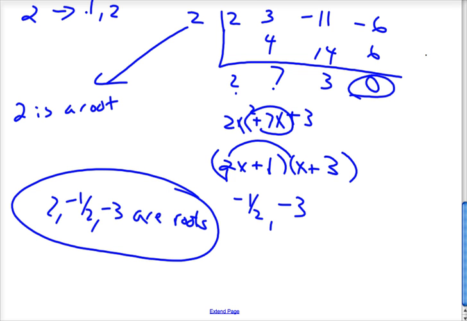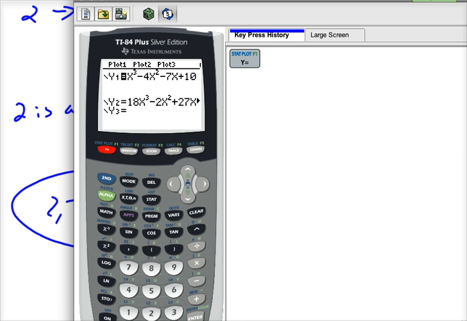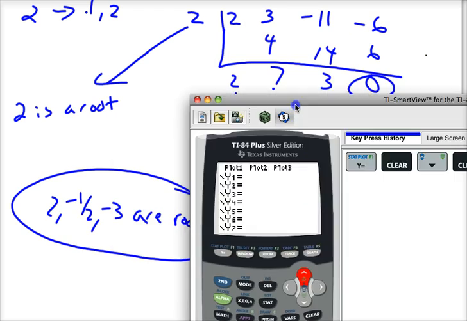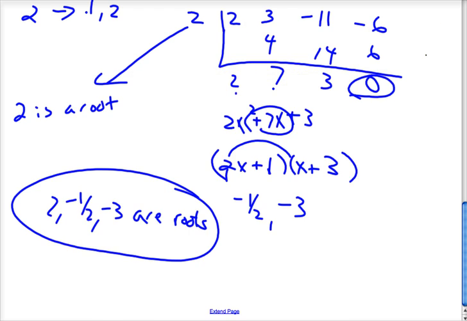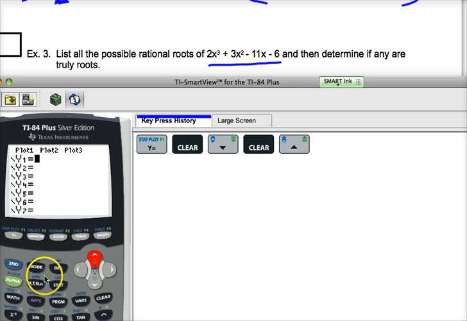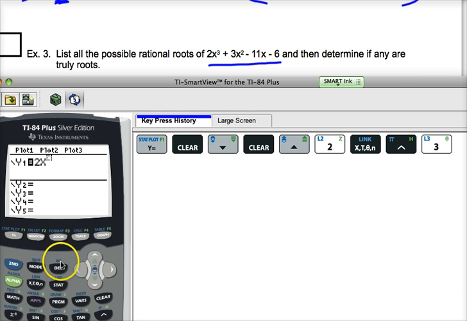So what do I mean by that? Let me bring up the calculator. Let's go y equals. I don't think I need this anymore. I'll clear this out. And then let's type in what the problem was: 2x cubed plus 3x squared minus 11x minus 6.